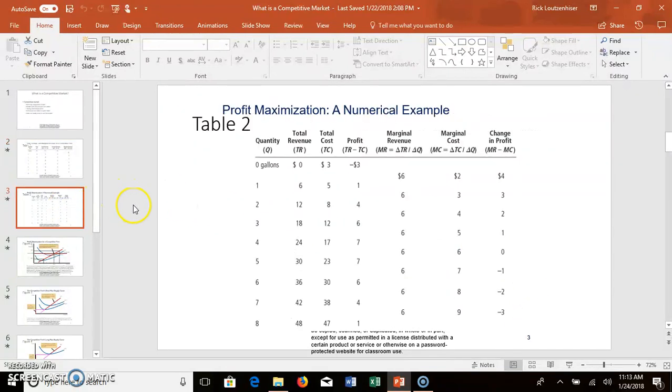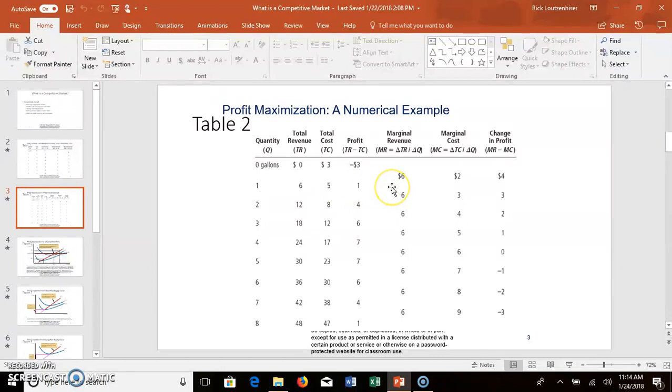Now, this table puts the revenue characteristics onto the same chart with the cost characteristics. The cost characteristics for all firms, whether they be monopolies or in perfect competition, are the same. So we're going to see something like this. Total revenue, say for making 1 gallon, is 6, since the price is 6, so 6 times 1. The total cost in this case is 5. The profit is $1.